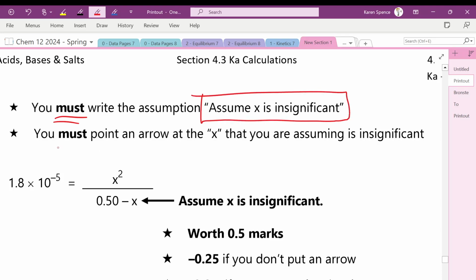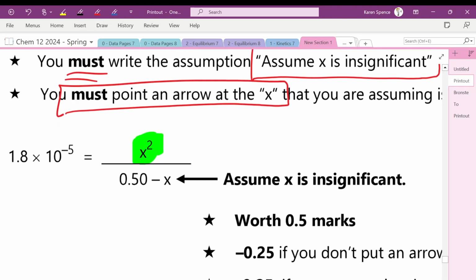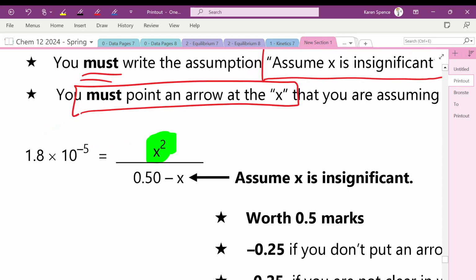You need to point an arrow at the X that you are assuming is insignificant, because if you just write over on the side somewhere, assume X is insignificant, you could be referring to the green X. Like if you didn't have an arrow pointing to it, right? Is the green X insignificant? No. The blue X, let me grab blue. The blue X is insignificant because it is much, much smaller than 0.5.